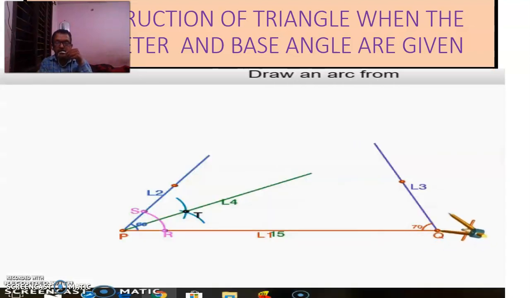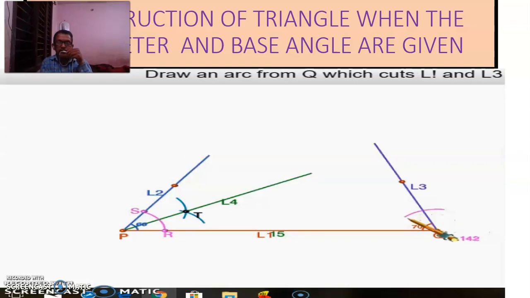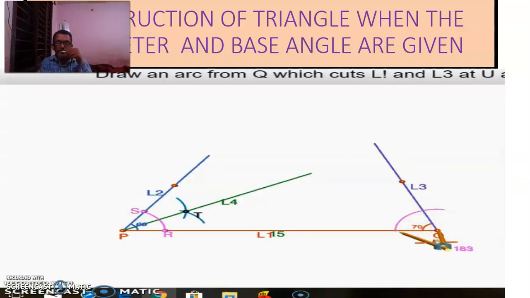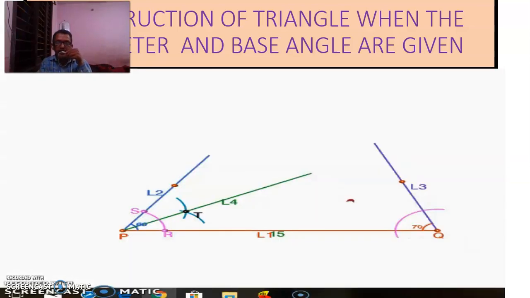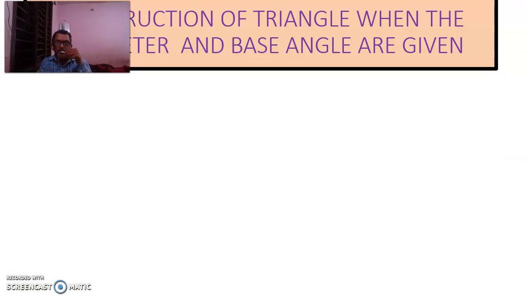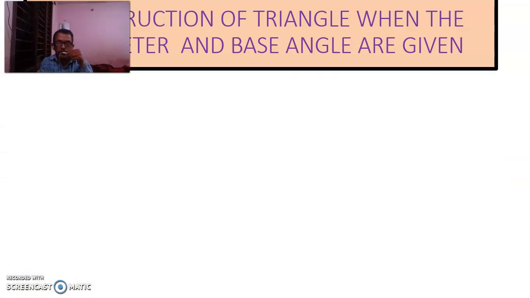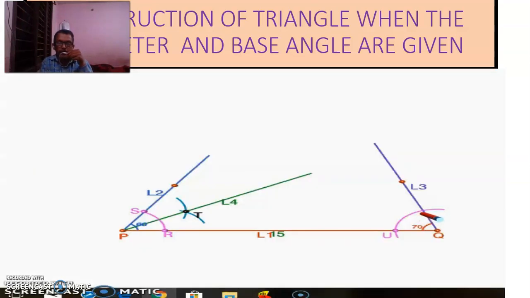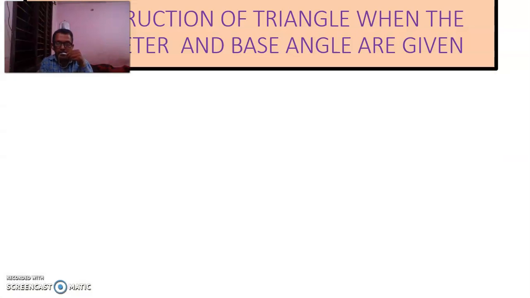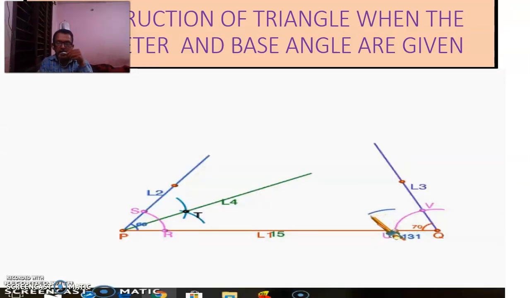Similarly, construction is done on another side at Q. From the point Q with a suitable radius, draw an arc which cuts L1 and L3 at points, say U, V. With the same radius, draw an arc from U as shown.